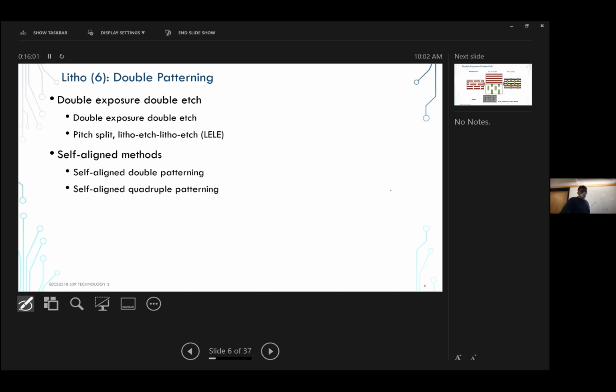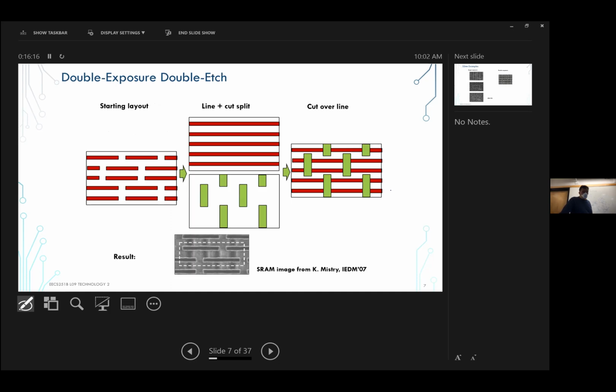Sometimes you'll find a cryptic error related to that, but the more common things that you're going to find now are self-aligned double patterning and self-aligned quadruple patterning. So here is a double exposure, double etch approach as demonstrated on an SRAM cell down around the 32 nanometer node.